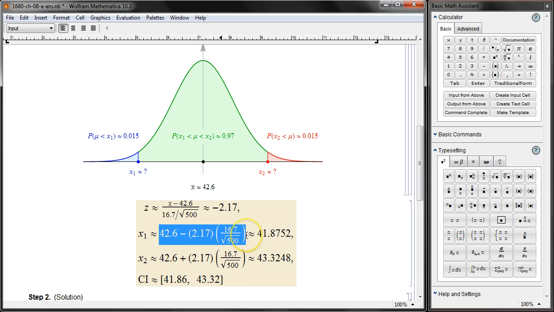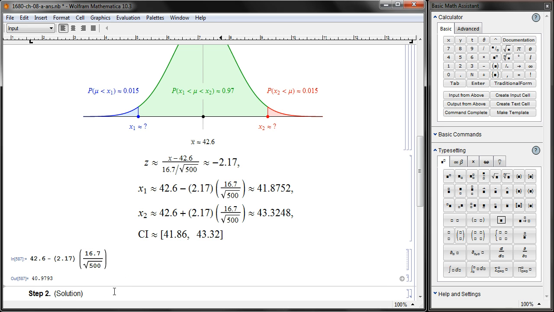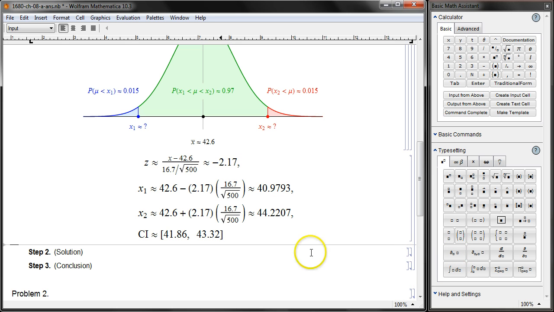Let's see. What if we calculate these? Instead of 41 point something, 40.97, significantly smaller. Now, what about the red point? 44 point something, significantly larger. So the confidence interval is 40.97 to 44.22.